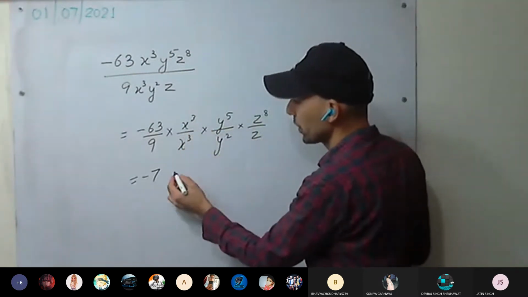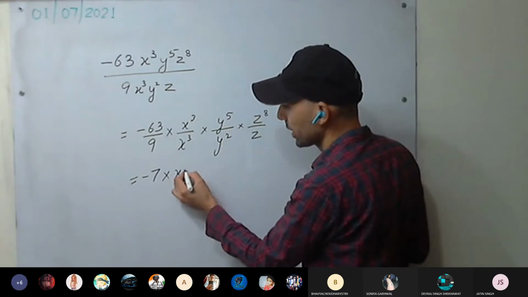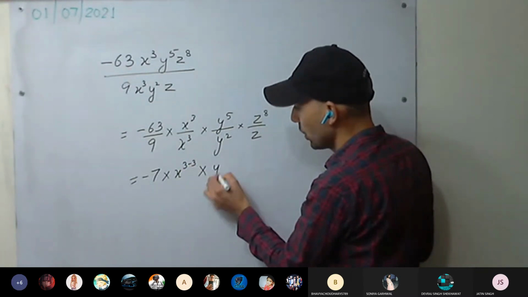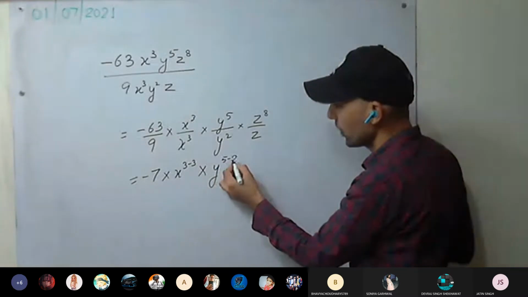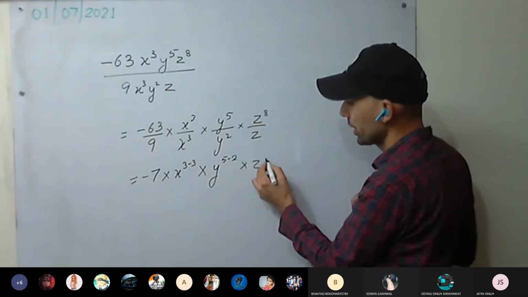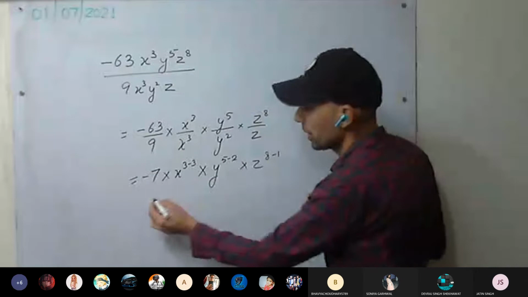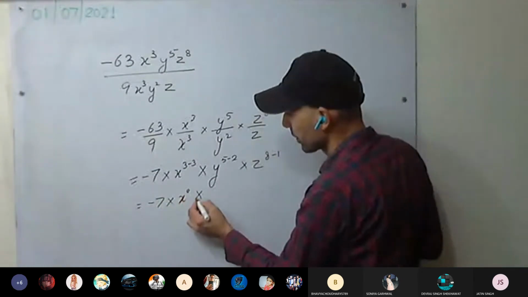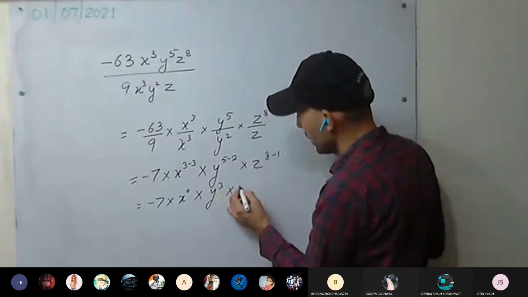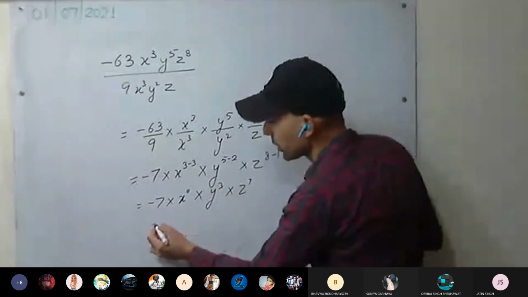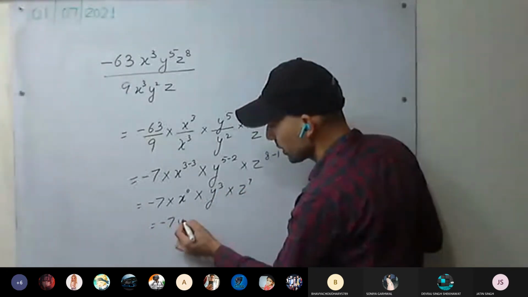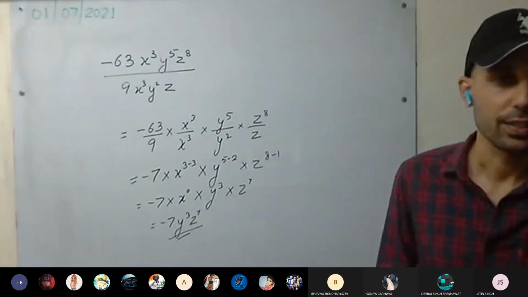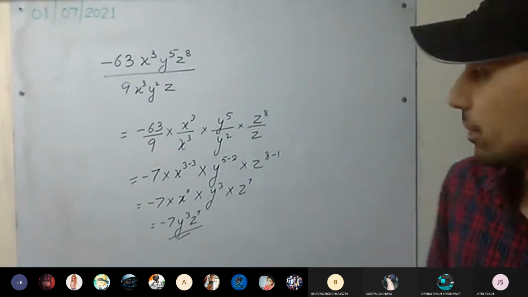That is 1. So we can avoid it here, or you want to write, you can write it like this: 3 minus 3 into y raised to power 5 minus 2 into z raised to power 8 minus 1. It is how much? Minus 7 into x raised to power 0, y cube, z raised to power 7. It will be minus 7 into 1, y cube z raised to power 7. This is the answer. Have you understood, everyone?